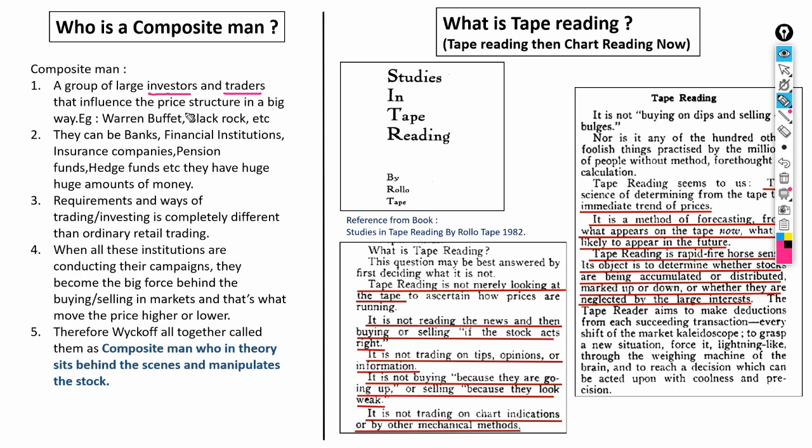In today's times we can take the example of Warren Buffett, BlackRock, etc. These big investors and traders can be banks, financial institutions, insurance companies, pension funds, hedge funds, etc. Okay, so these people have a huge amount of money, and yes, this huge amount of money is definitely going to have an impact on the price structure.